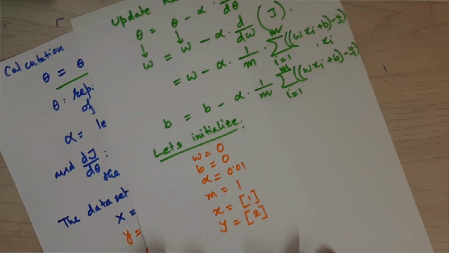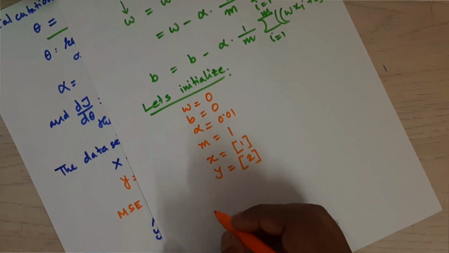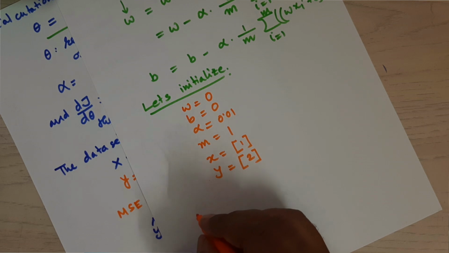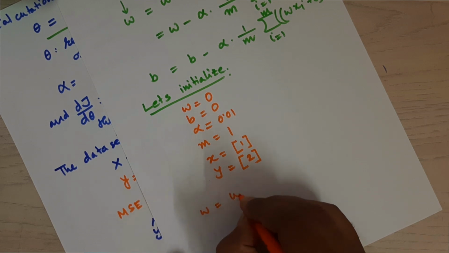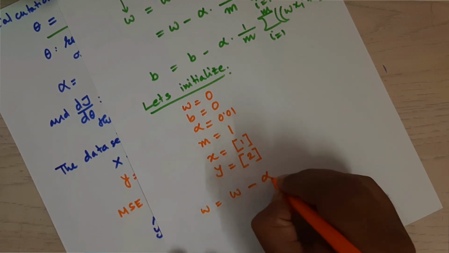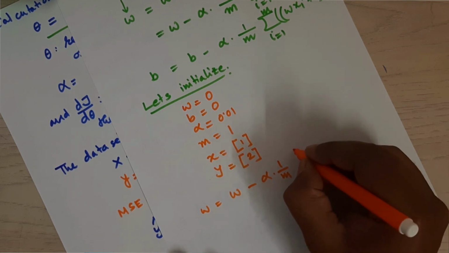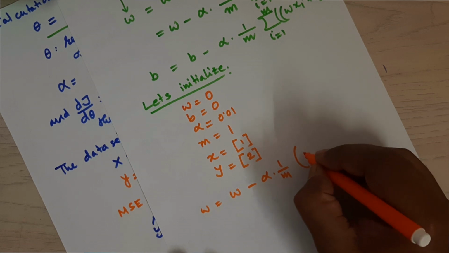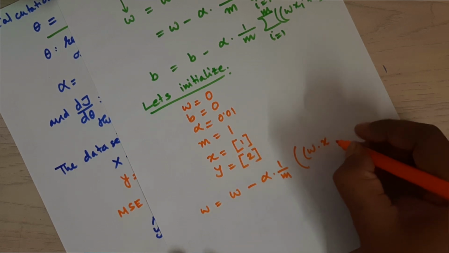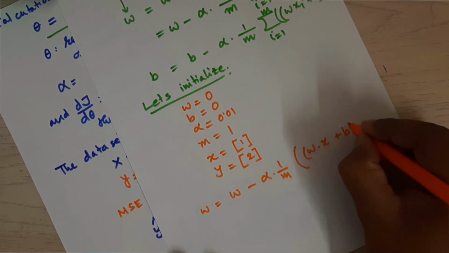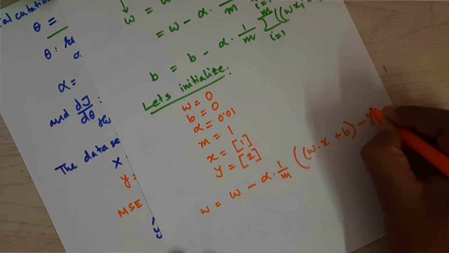So if I just put in this update rule, w is equal to w minus alpha into 1 by m, and then w into x plus b minus y.